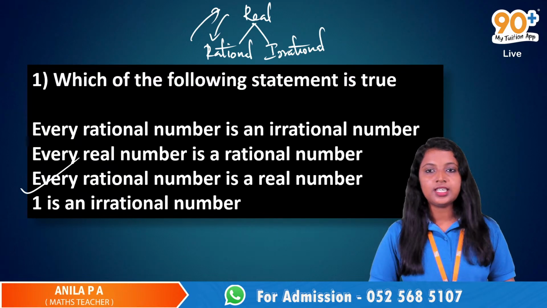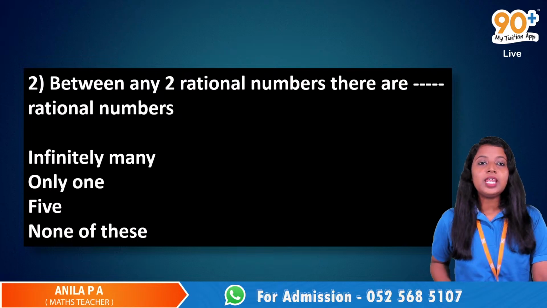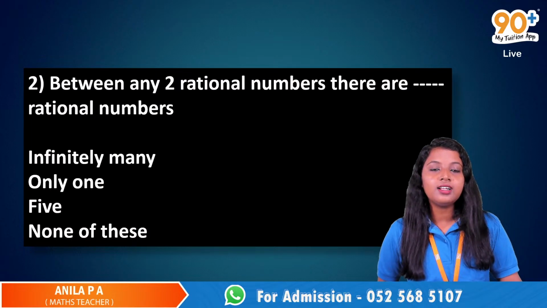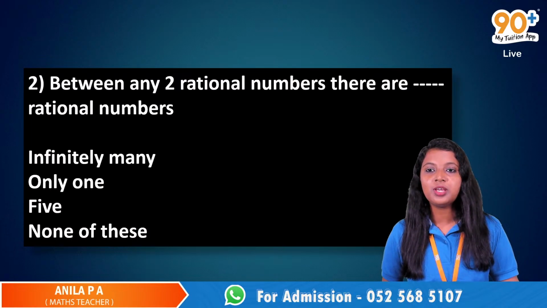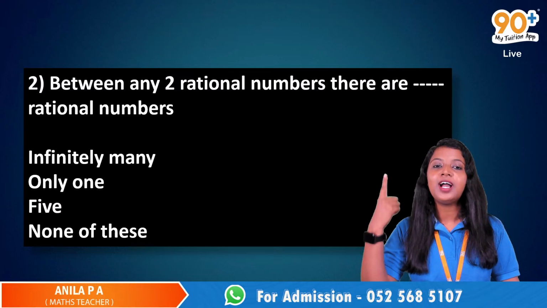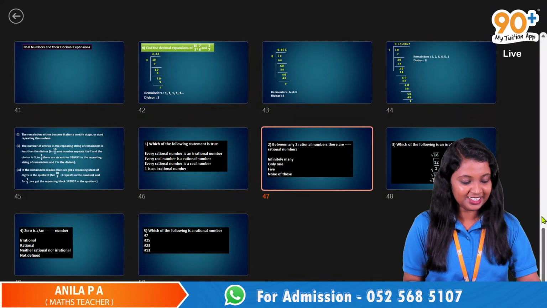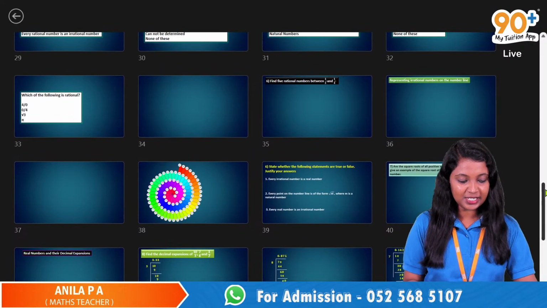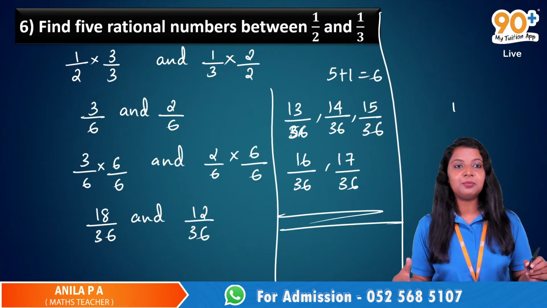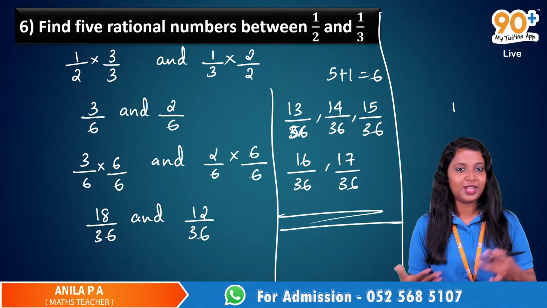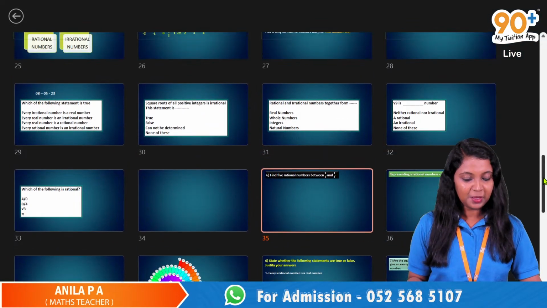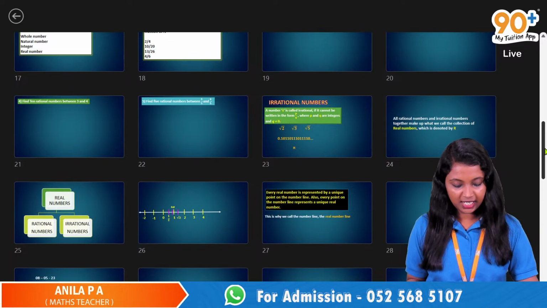Third and fifth question, let's discuss. Between any two rational numbers, there are infinitely many. I just put this 5 because in most of the questions, the question is to find 5 rational numbers between 1 by 2 and 1 by 3. So I just put that to confuse you. But you guys are really good at this.